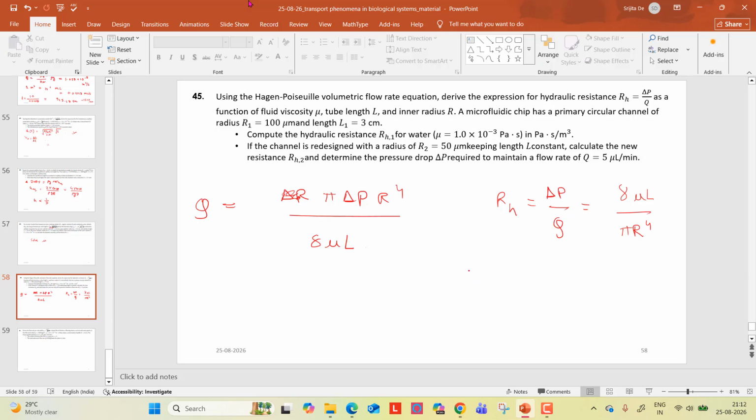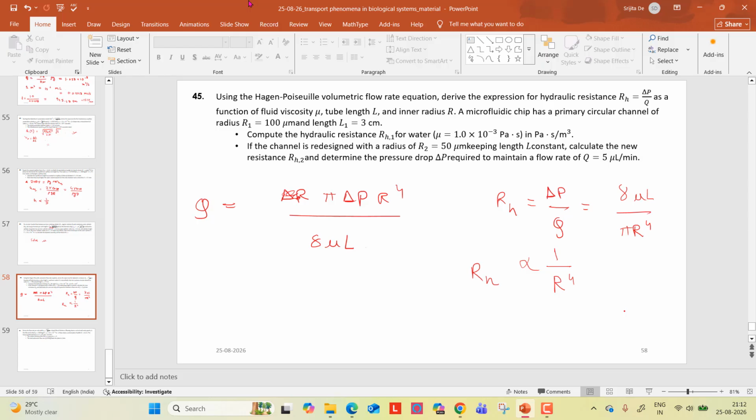So RH is proportional to 1 by R to the power 4. If the radius is getting halved, then the hydraulic resistance will be 16 times what it was.